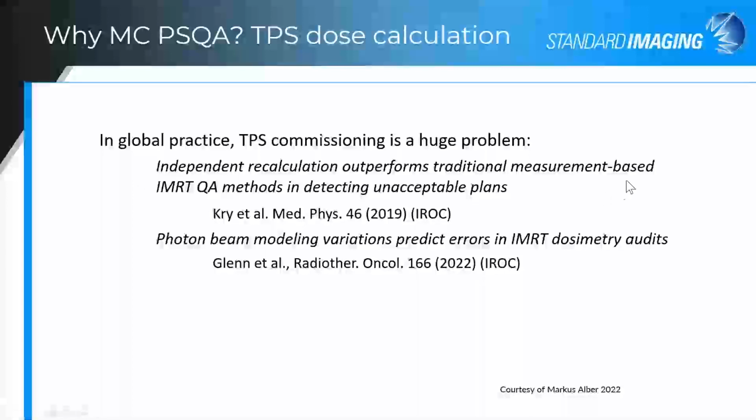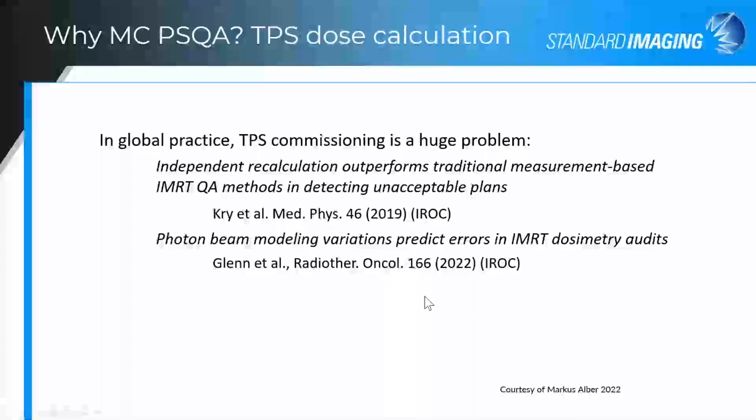The one publication that I already highlighted in Task Group 219 is that the independent recalculation outperforms traditional measurement-based IMRT QA methods in detecting unacceptable plans. So that's an interesting article. And of course, we know that these IROC phantoms, when those are sent to clinics, the pass rates are not as high as we would like to see for our patient treatments. And one of the big things is the beam modeling.